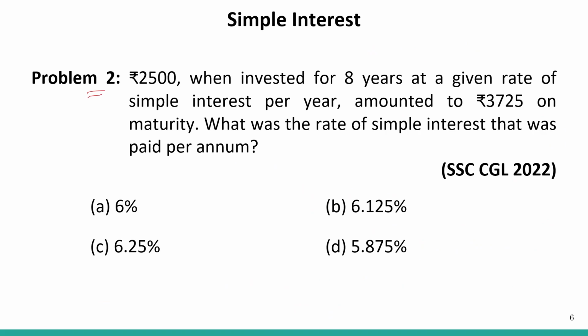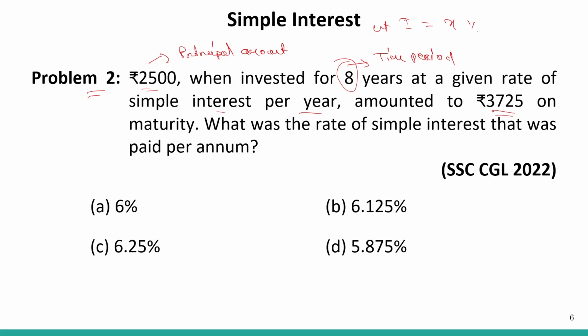So let's see problem number 2. Given that 2500 is the principal amount, it is invested for 8 years, which is the time period. Given a rate of simple interest per year, let it be X%.